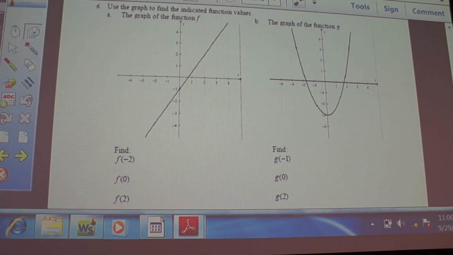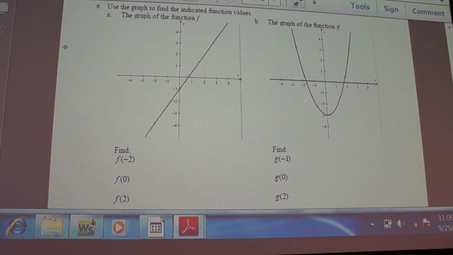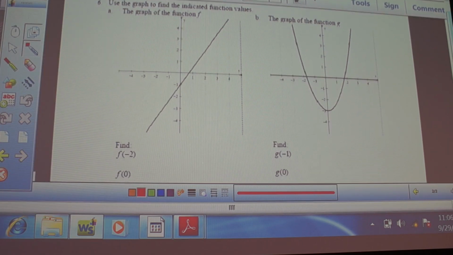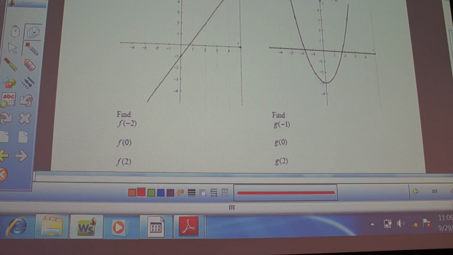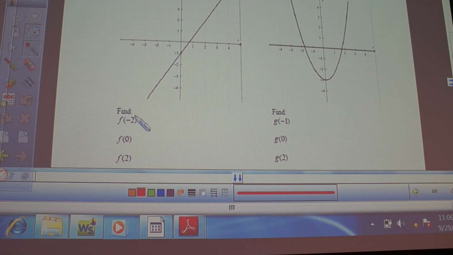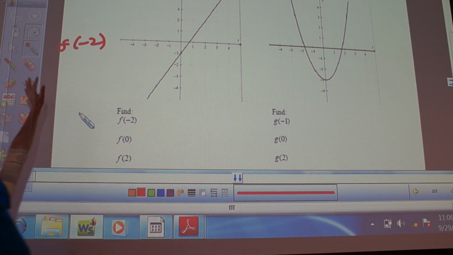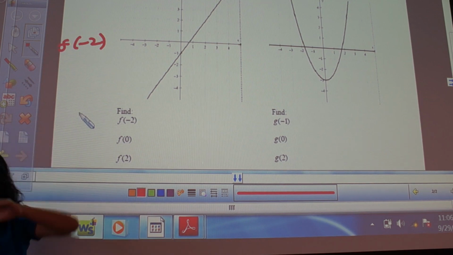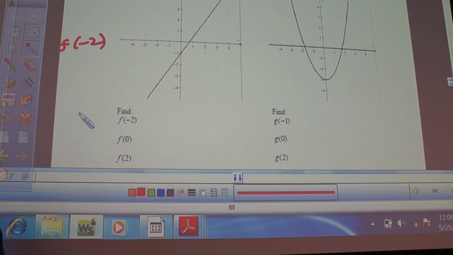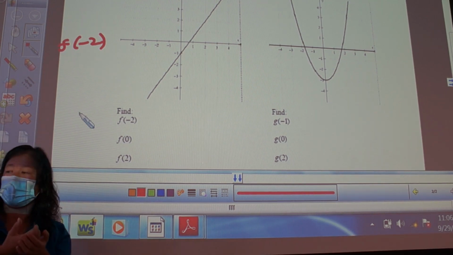Great. So use the graph to find the indicated function values. This is similar to what we did before. Remember f of -2. Is that my x or my y? That's my y, right? f of -2 means the function at -2.